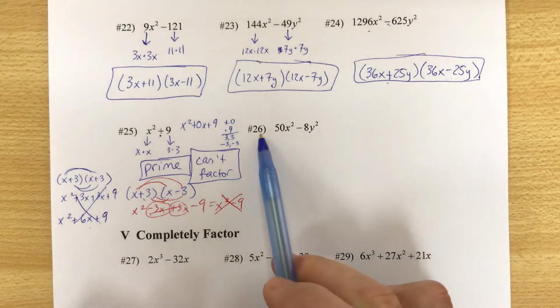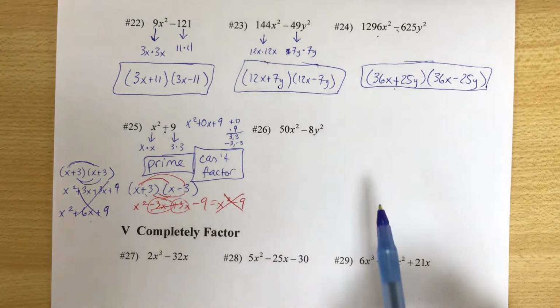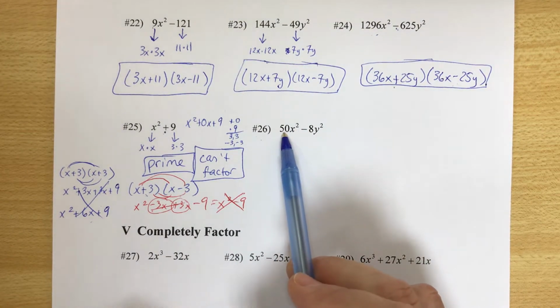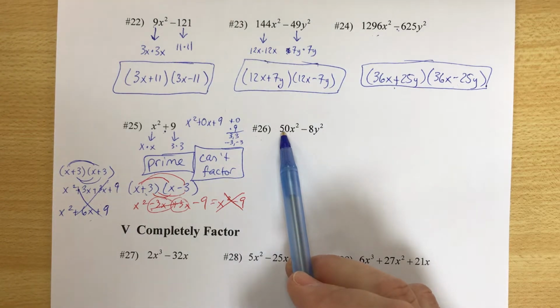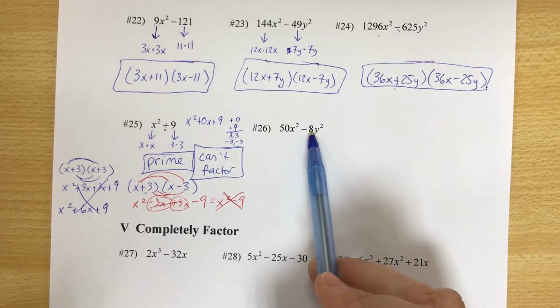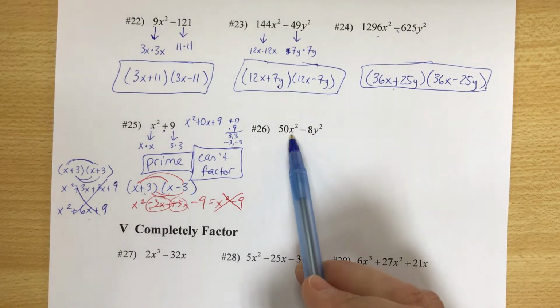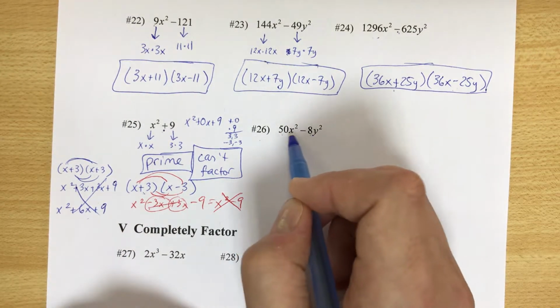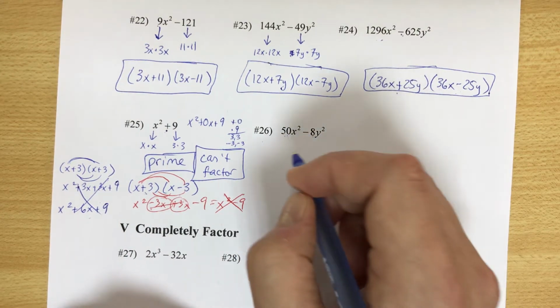And the last one here in this section, number 26, well, this is a problem. 50 is not a perfect square. It's 5 times 10, but that's not the same number. So actually, you'll be tempted to say this is also prime. But before we do that, notice that both of these are divisible by 2.